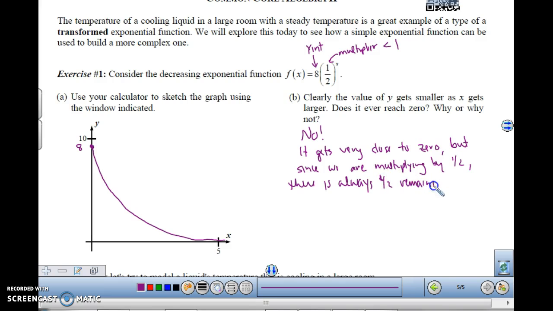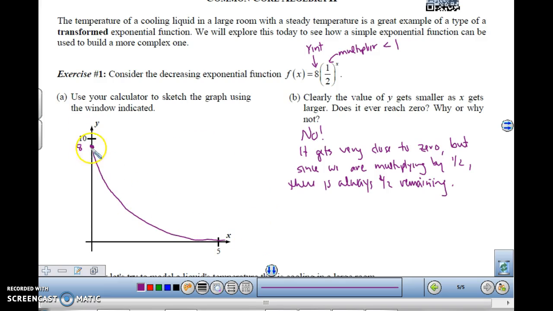It'll get microscopically close to 0, but it'll never actually get there, because if you're taking 1/2 of something, there's always a 1/2 left. So this is a decreasing exponential function.